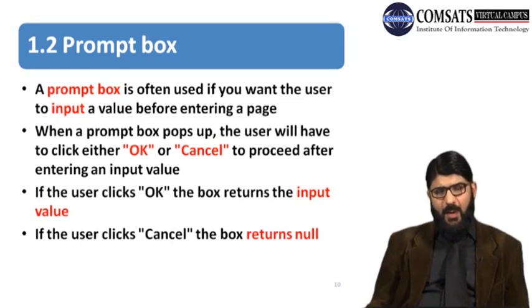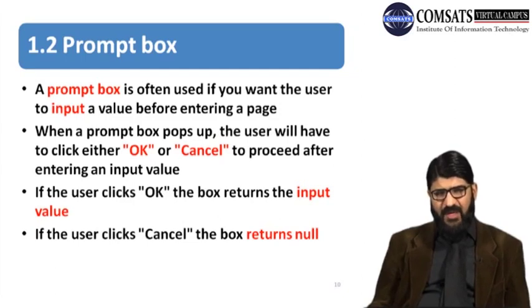The user can also press the cancel button after entering the values, because the user doesn't want to proceed or wants to enter the values again. If the user presses the OK button, the box will return the relevant input values.